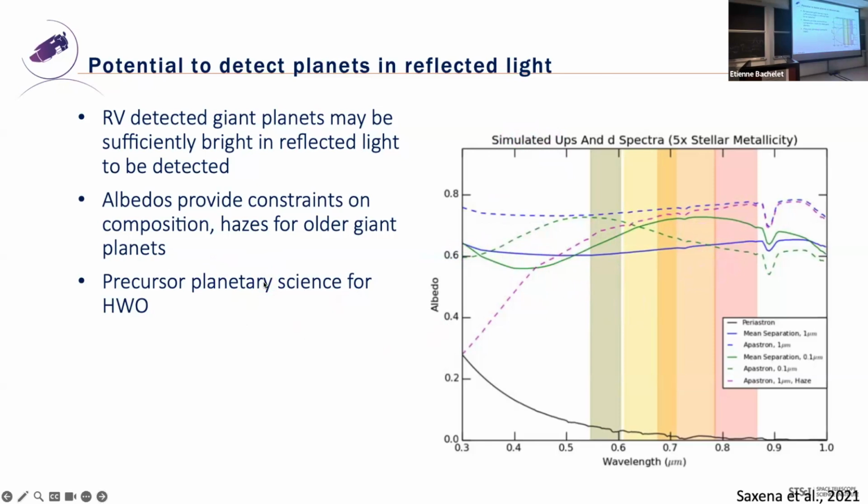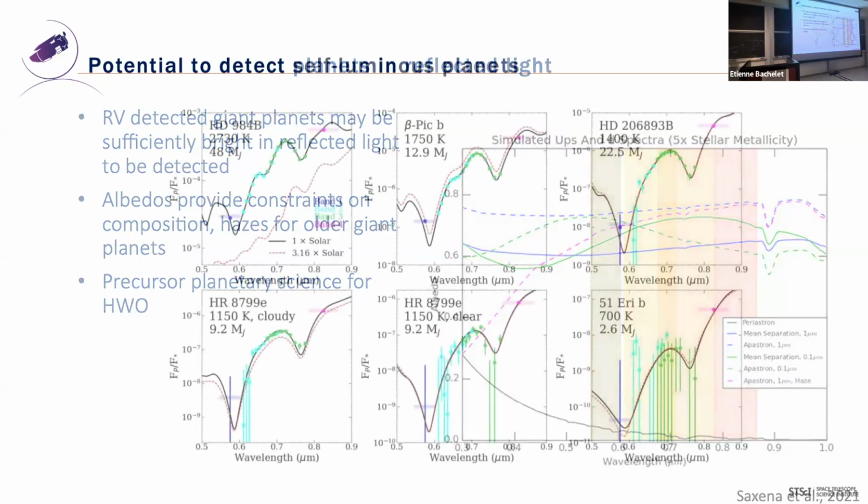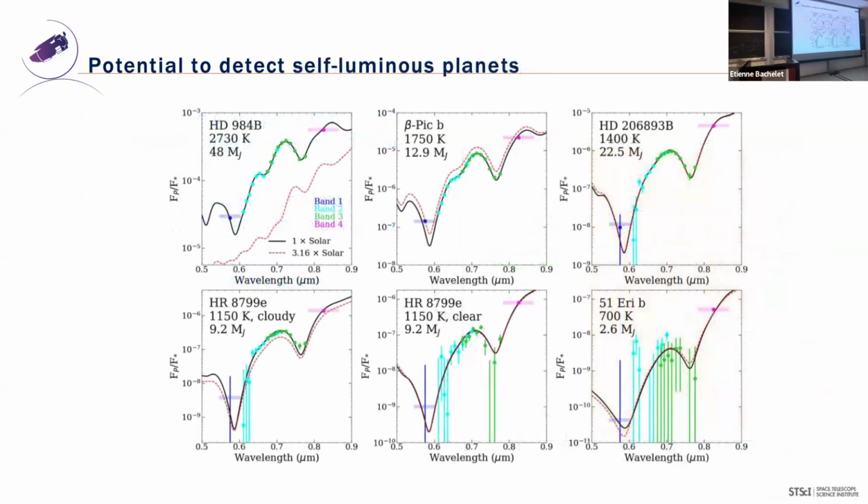We might actually have some better predictions for what giant planets might look like for an HWO-like larger survey. And of course, there are hotter exoplanets that are so bright in the infrared that they still emit a little bit of light in the visible.